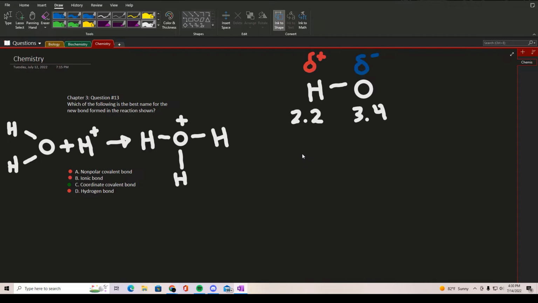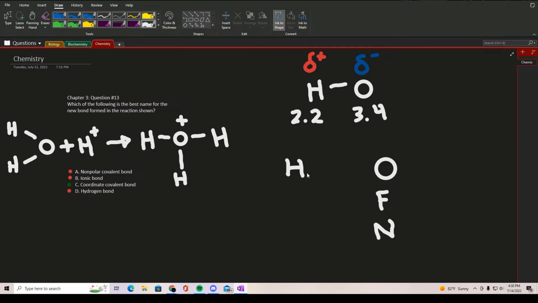And the reason why this is a hydrogen bond is because hydrogen is bonded to one of these 3 atoms. Oxygen. I don't know why that popped up as a diamond. Okay, so we have oxygen, fluorine, and nitrogen.